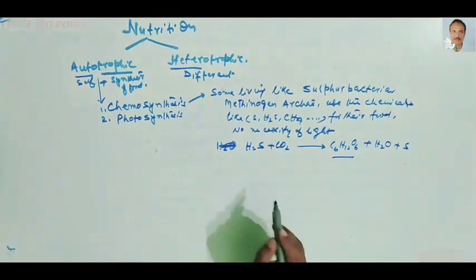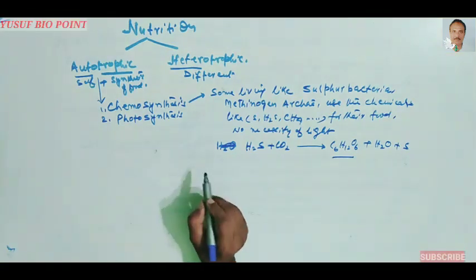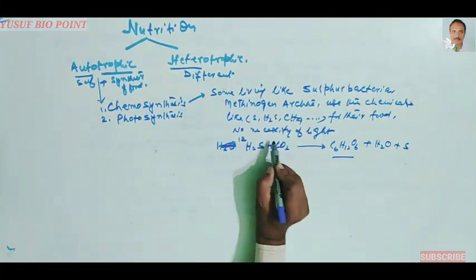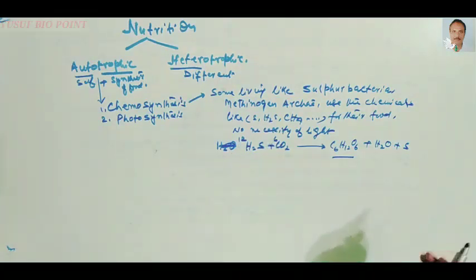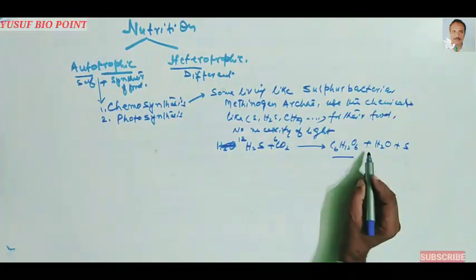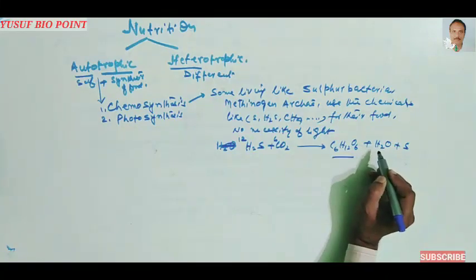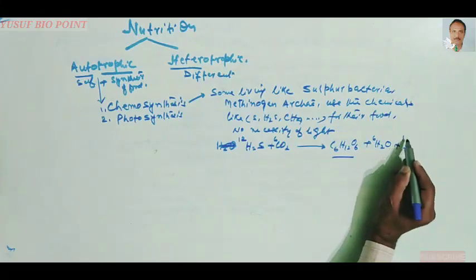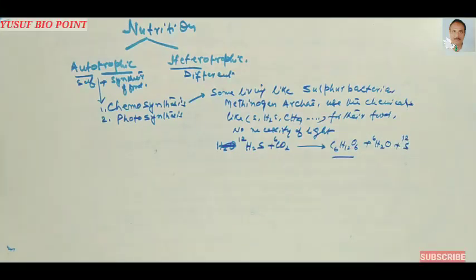Now balance it: 12 H2S plus 6 CO2 gives C6H12O6 plus 6H2O and 12S.